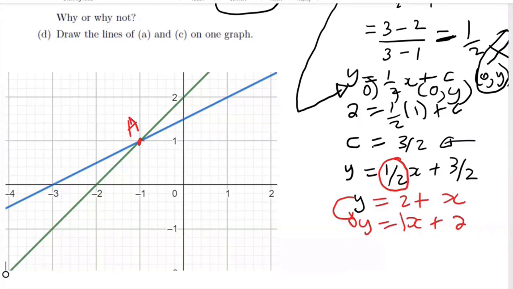When you are looking for where two lines are intersecting, you are solving the two equations simultaneously. So now we want to find these coordinates. Graphically, we are going to get an answer of minus 1, 1. This is a solution that we want to prove, that A is indeed equal to minus 1, 1.